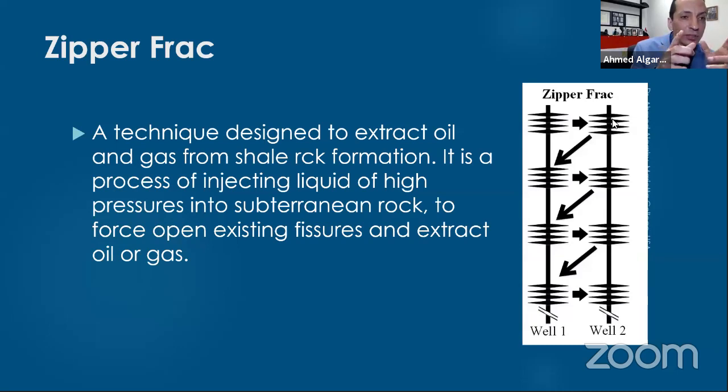So we get a better hydraulic fracturing treatment. With that complex fracture network we created, we get more oil and more gas. And actually, we did not mean to get that. I mean, it was unintentional.